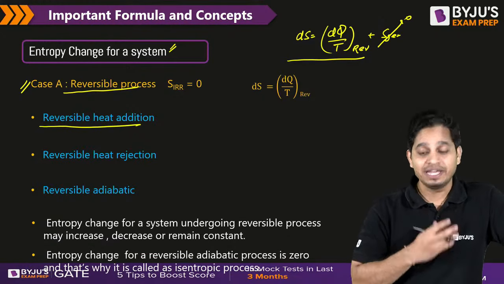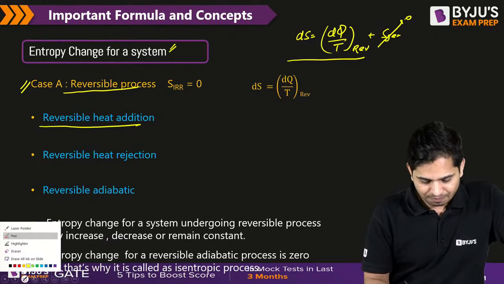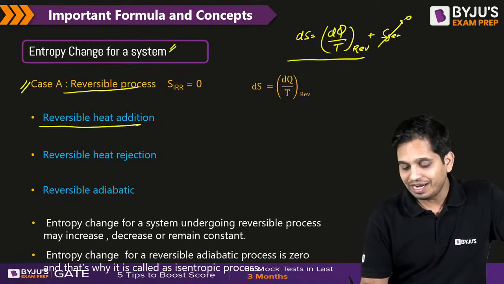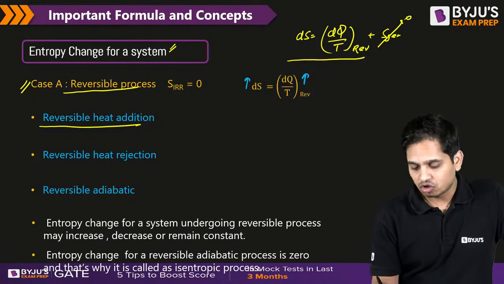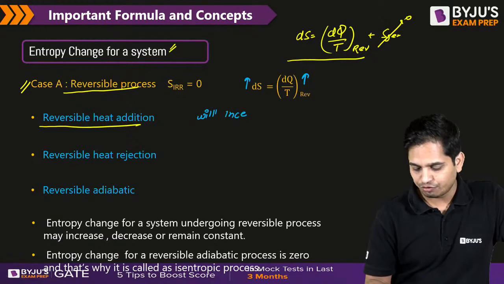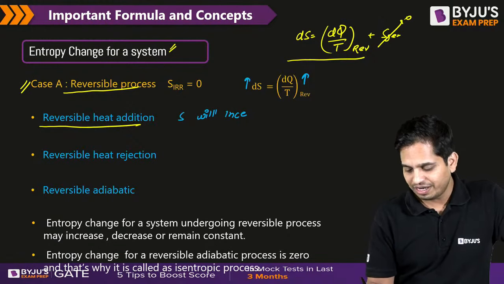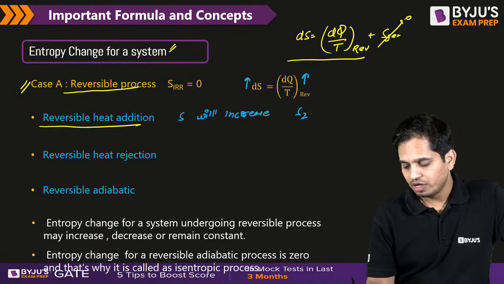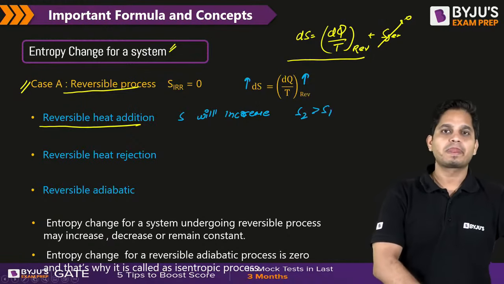That means I am adding heat, so dQ is going to increase. That means entropy is going to increase, so dS will increase. S will increase, and S2 is greater than S1.